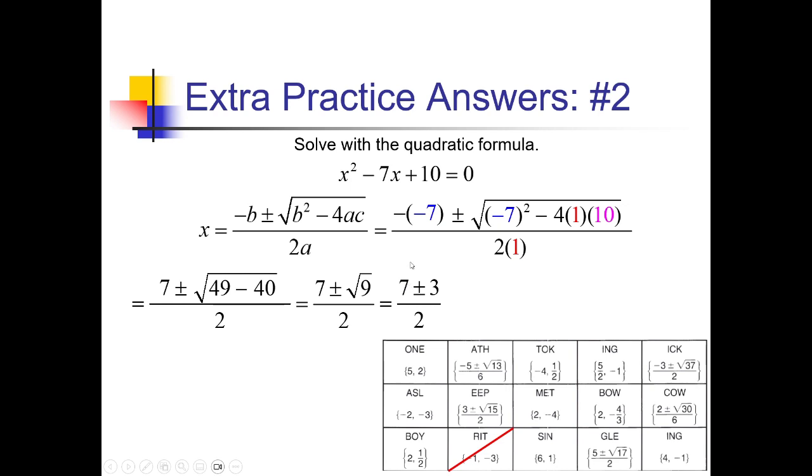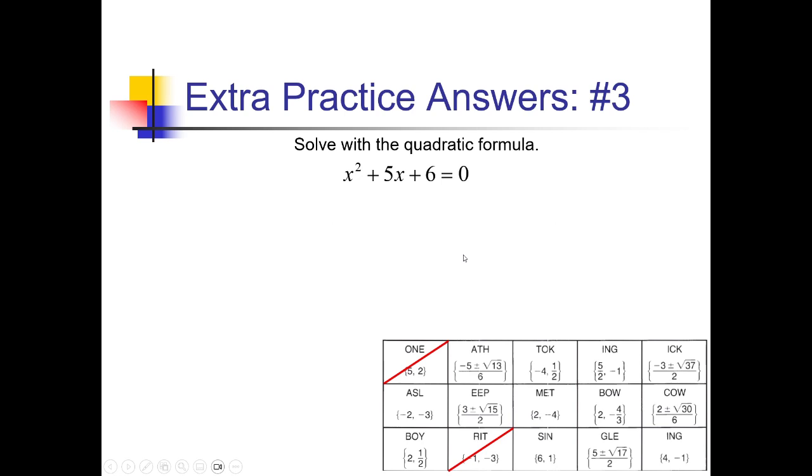We've got 7 plus 3, which is 10. 10 over 2 is going to be 5, so that's one of our answers. We also have 7 minus 3, or 4, over 2, and 4 over 2 reduces to 2. So we've got 5, we've got 2. That's actually the very first box here, so let's cross out the 1, and then we keep going.